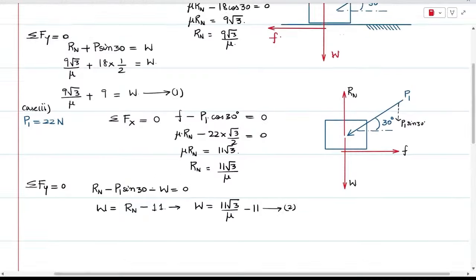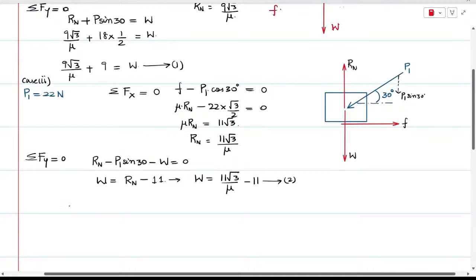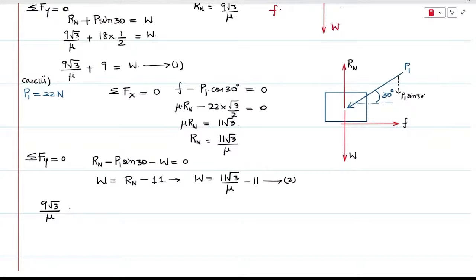Now if we equate equations 1 and 2, that is 9 root 3 by mu plus 9 is equal to 11 root 3 by mu minus 11. So here if we take up the summation, this is 9 plus 11, that is 20, is equal to 9 minus 11, that is 2 root 3 by mu.